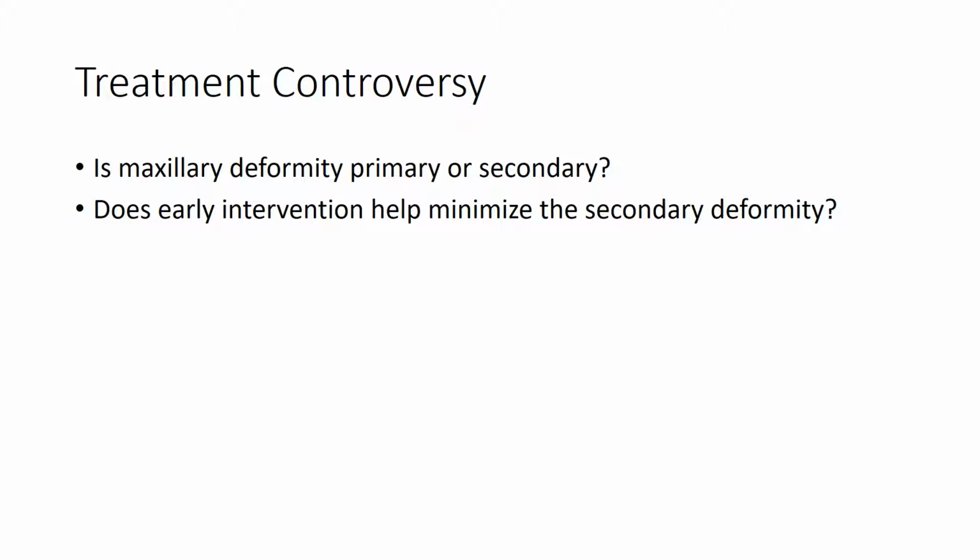So I think it's kind of interesting. I don't know if it's well known. Certainly in cases of condylar hypoplasia from trauma, we do know that it can cause a secondary deformity, but it's unclear whether or not in hemifacial microsomia the maxillary deformity is primary or secondary.